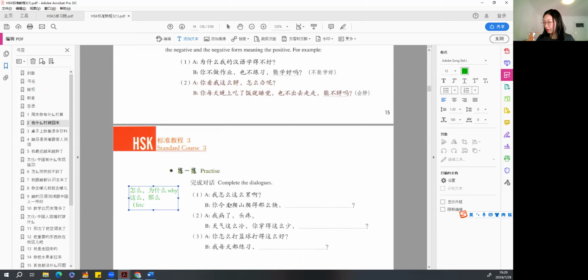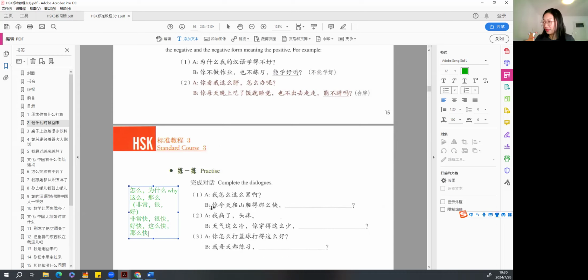非常, 很, 好. In here this 好 is not good, all right, it's not good. So we are going to say, for example, 非常快 very fast, 很快 very fast, 好快 very fast, 这么快 very fast, 那么快 very fast.